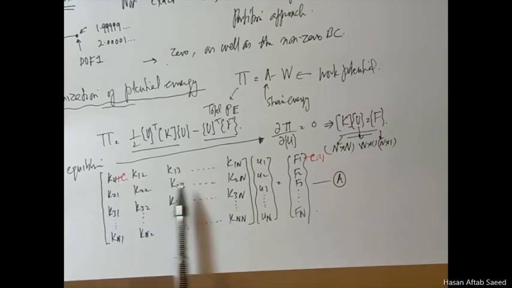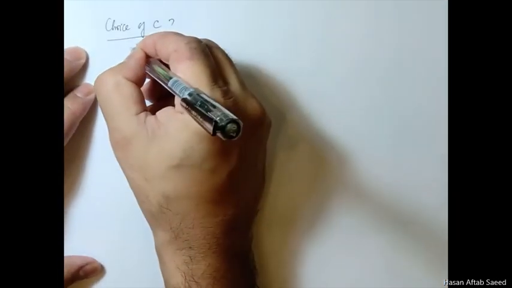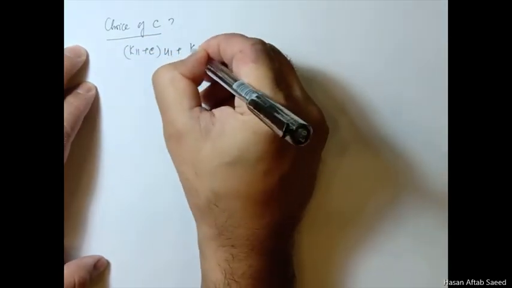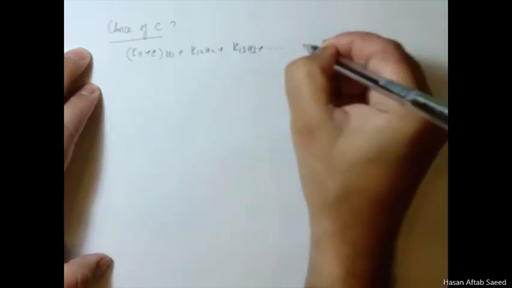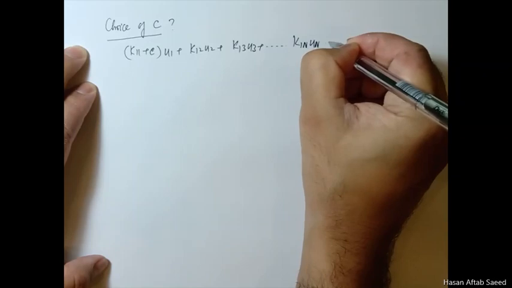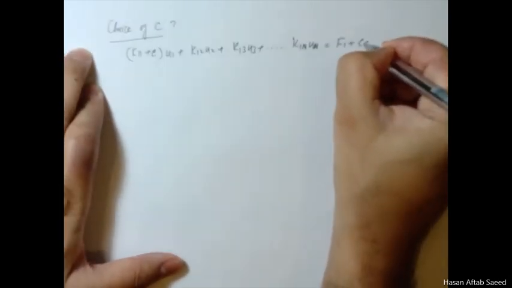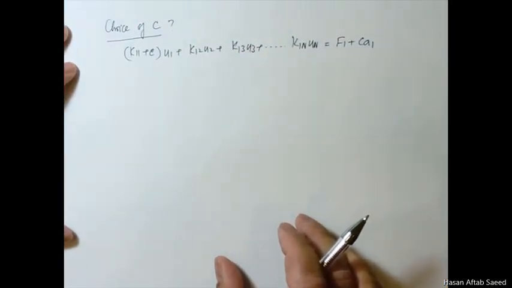(K11 plus C) u1 plus K12 u2 plus K13 u3 and so on, K1n un is equal to F1 plus C a1. This is nothing but the expansion of the first equation. The first equation is relevant because we are applying the boundary condition to the first equation.